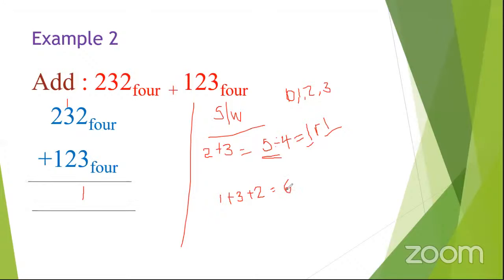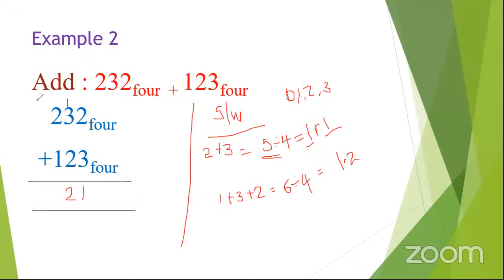Because 6 is bigger than 4, it does not belong to this base, so we shall divide it by 4. When you divide 6 by 4, we shall get one whole number, remainder 2. That 2 is written as our answer here. The remainder is written as the answer.